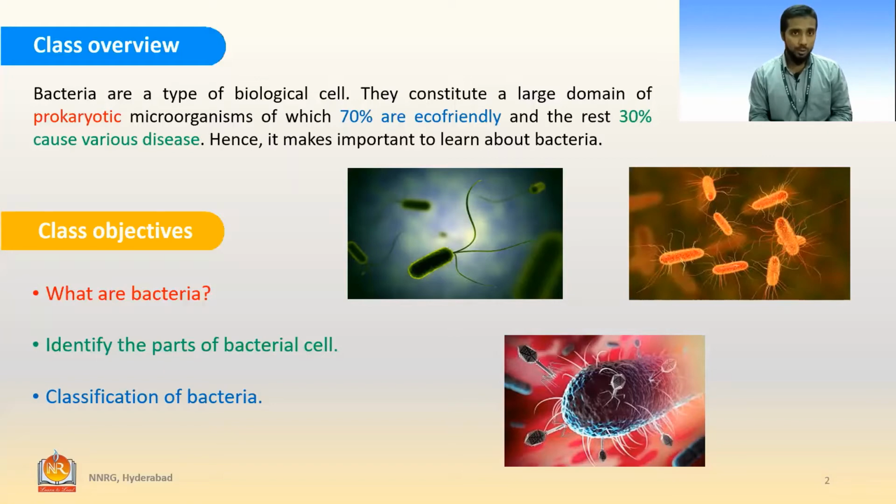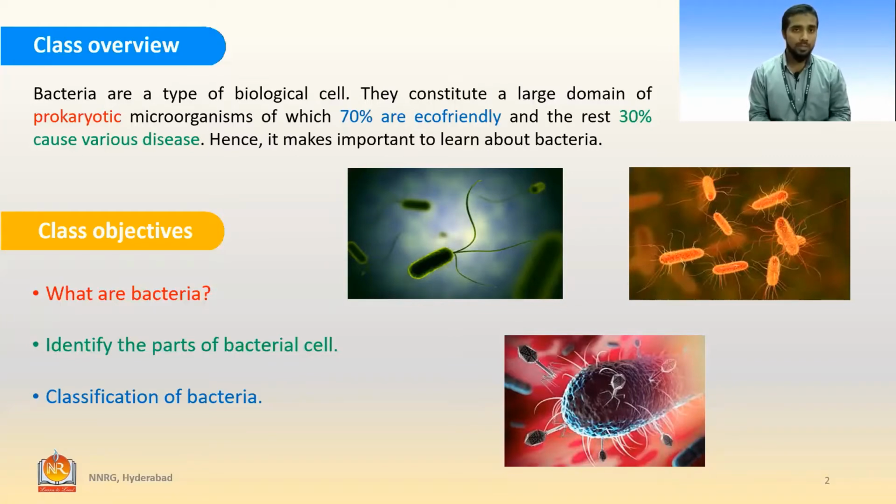Looking at its contribution to nature, it is a must for us to learn about bacteria, and looking at its pathogenicity against the host cell, it is of utmost importance to understand the bacteria and its role in causing various diseases, isn't it?